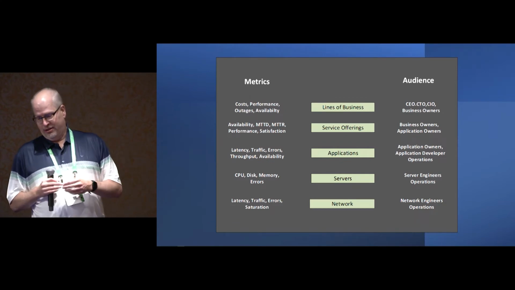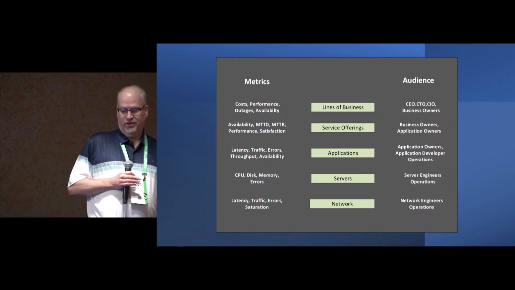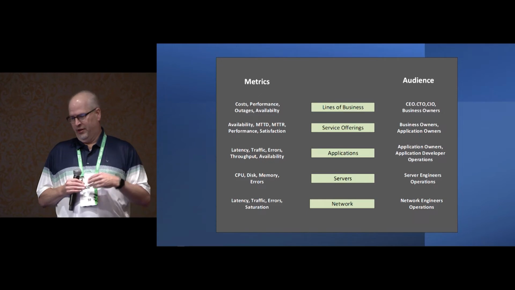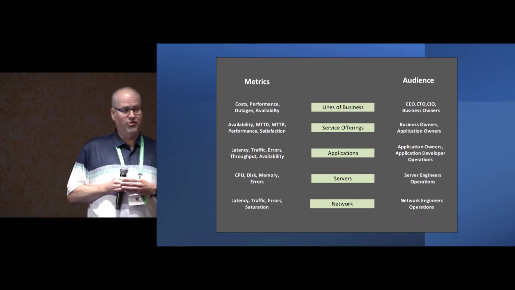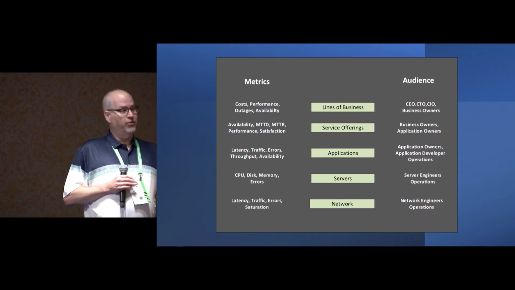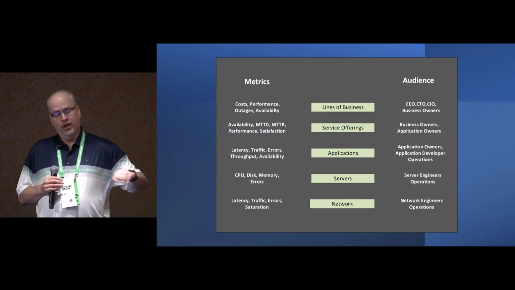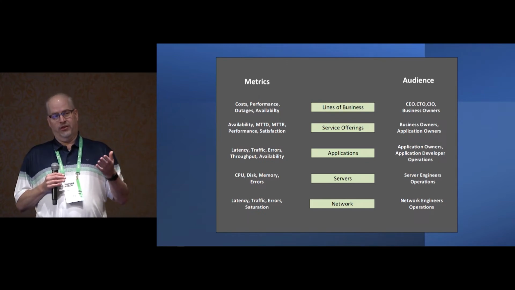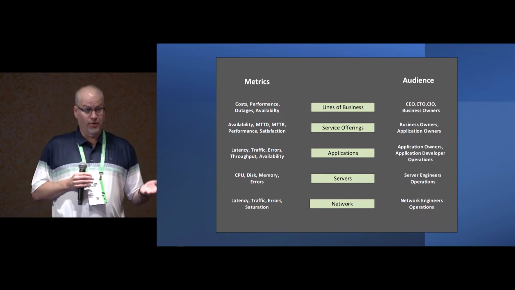So then we look at the audiences. So we have the network engineers. Operations often look at the network. Server engineers and operations look at the servers. The application owners, the application developers, and operations look at applications. They're tied together, and that's how most of our organizations are set up to look at it from that level. But as they're tied together, you have to pull that up. So the operations continually climbs up through that, and so does the monitoring.